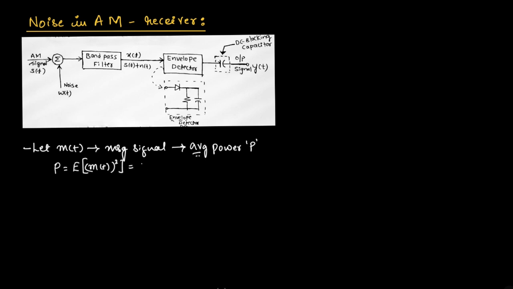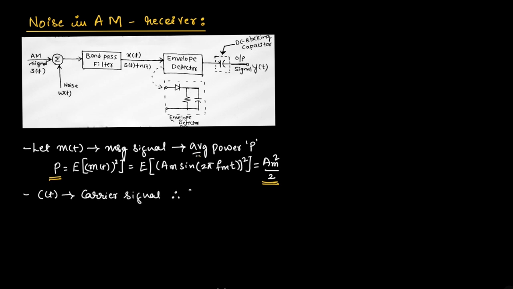So here the equation is written. Then the average power of the message signal is calculated as Am square by 2, which is a predefined term. Then let us consider the carrier signal, which is Ac cos 2 pi fc t.